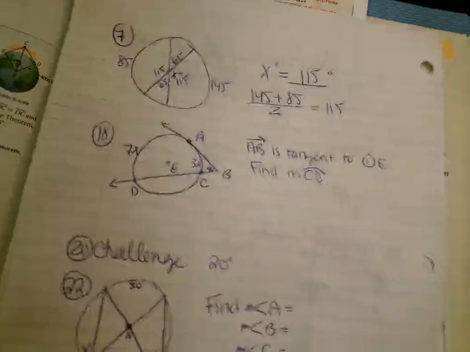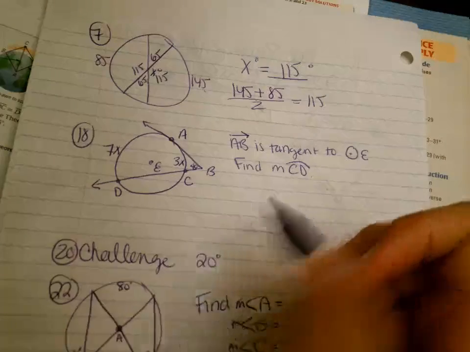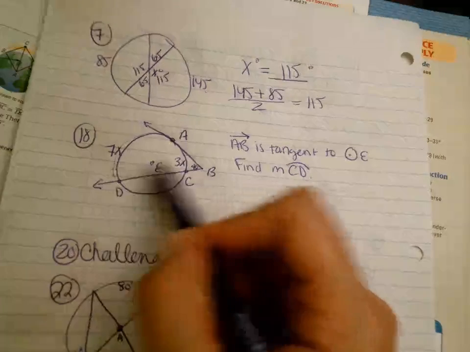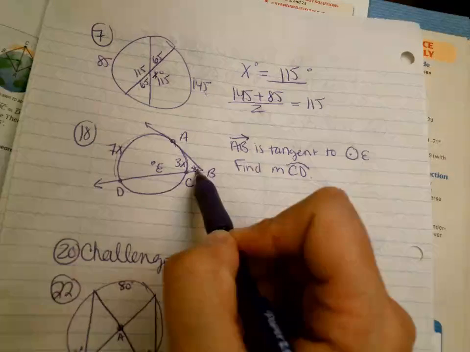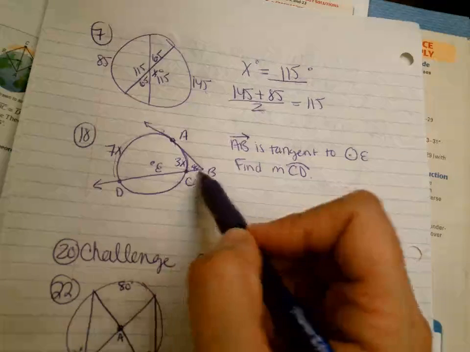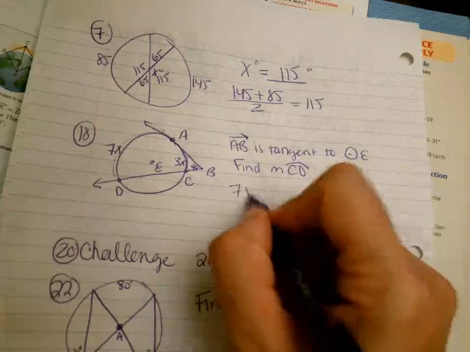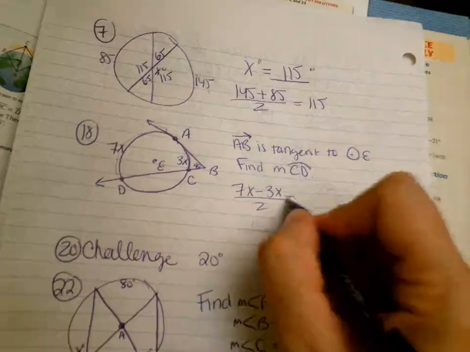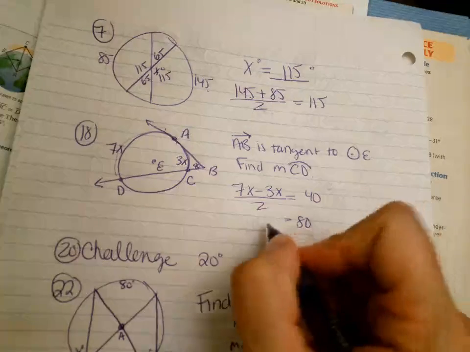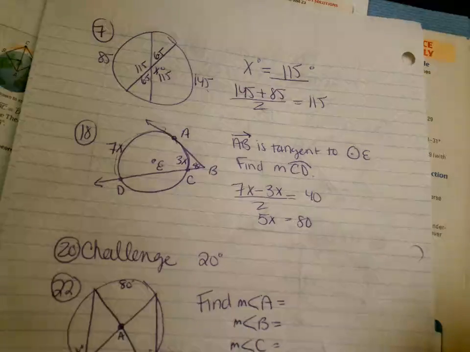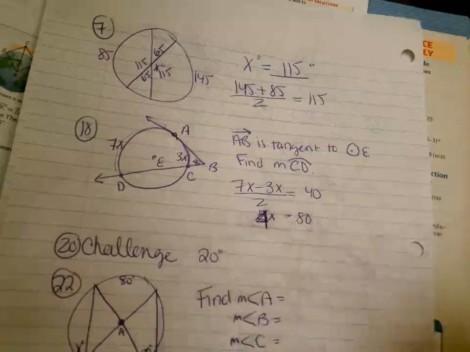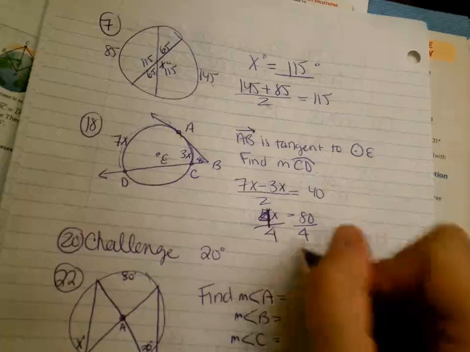Number 18. AB is a tangent to circle E. Find the measure of CD. Okay, well, this one is big minus little divided by 2 is this little guy here, right? Anytime that you have the angle outside of the circle, it's big arc minus little arc divided by 2. So big arc minus little arc divided by 2 equals 40. So 80 is 7x minus 3x, so 4x, sorry. 4x equals 80, divided by 4, 20 equals x.